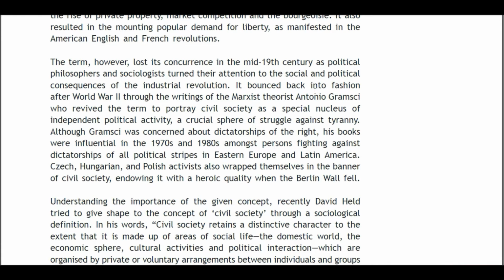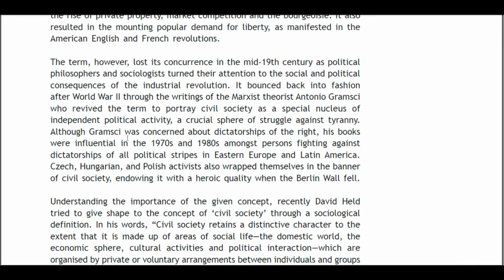It bounced back into fashion after World War II through the writings of the Marxist theorist Antonio Gramsci, who revived the term to portray civil society as a special nucleus of independent political activity, a crucial sphere of struggle against tyranny.